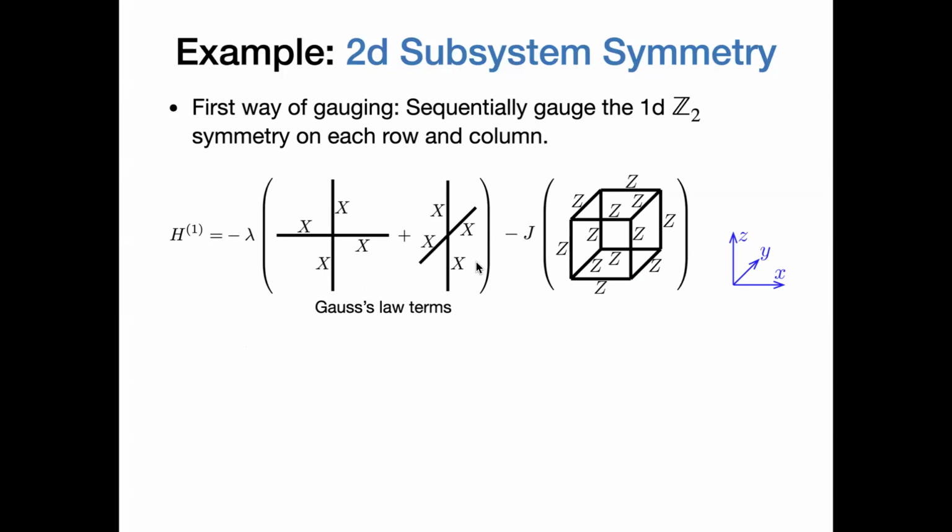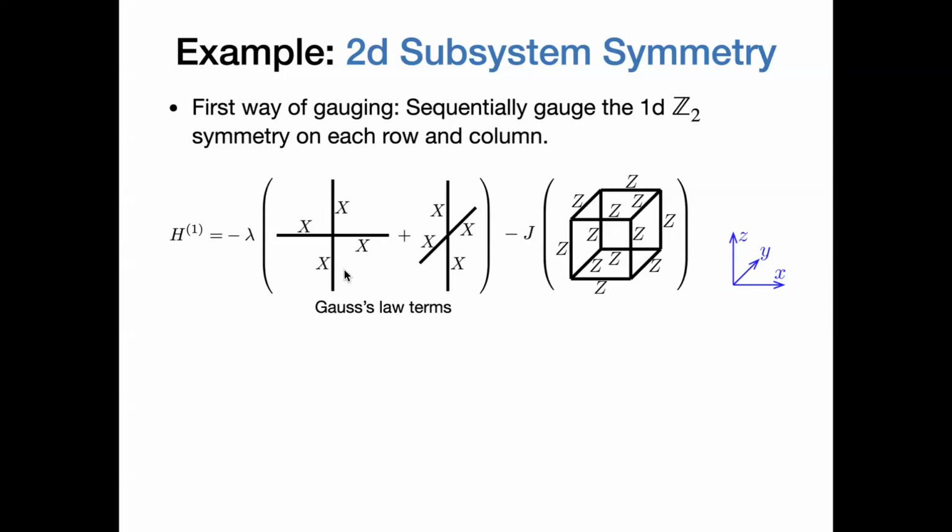Here I have added the Gauss's law terms as stabilizers into the Hamiltonian. These were originally Gauss's law constraints, and I softened them by adding them to the Hamiltonian with a positive coefficient. I'm writing this bulk Hamiltonian, which is a 3D Hamiltonian on the 3D cubic lattice, with qubits living on the links.